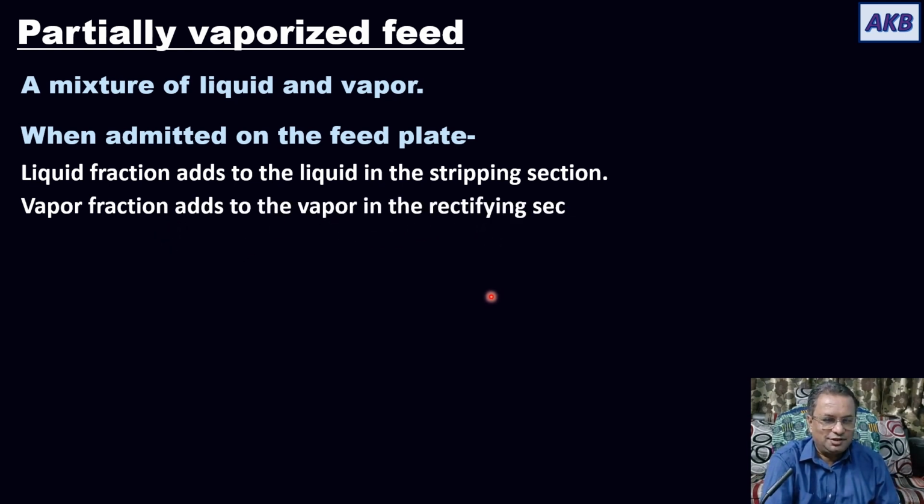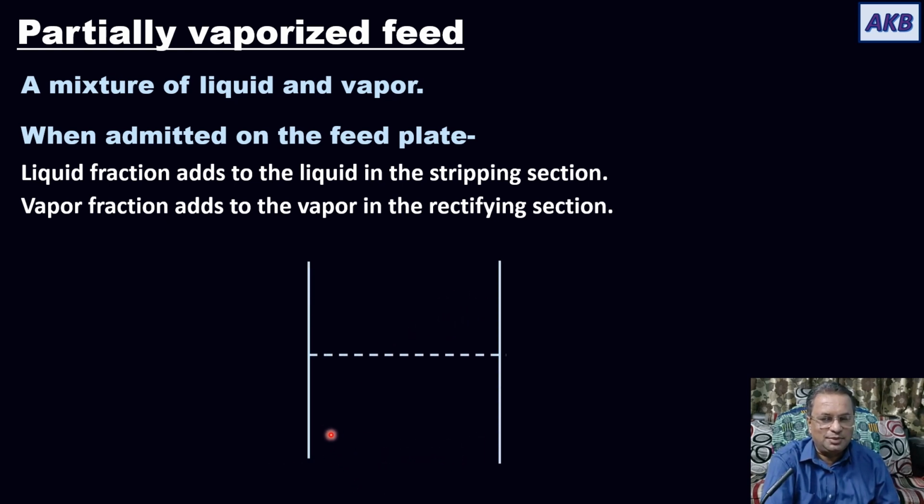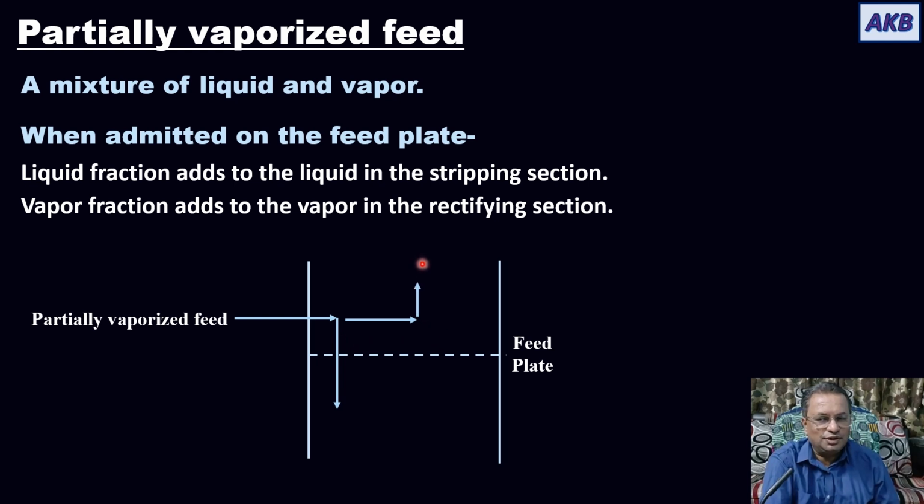And you can now easily understand this with the help of the schematic diagram. You have the feed plate. Now, the feed is partially vaporized feed, and it is entering the column. So the liquid portion of the feed is going down to the stripping section, whereas the vapor portion of the feed is going into the rectifying section.